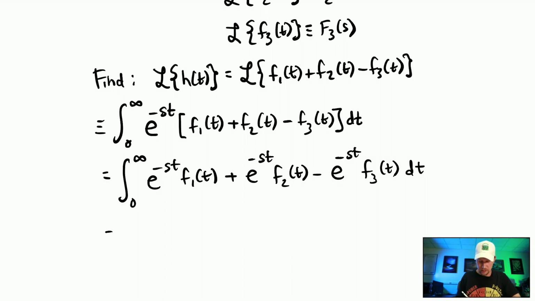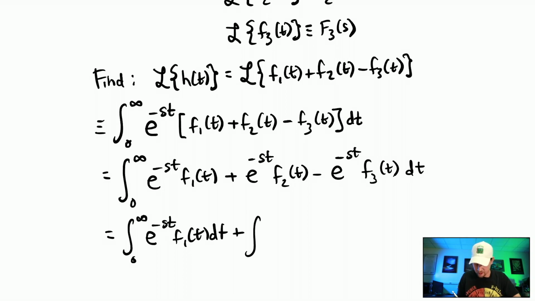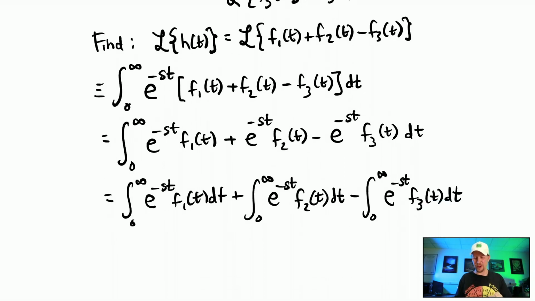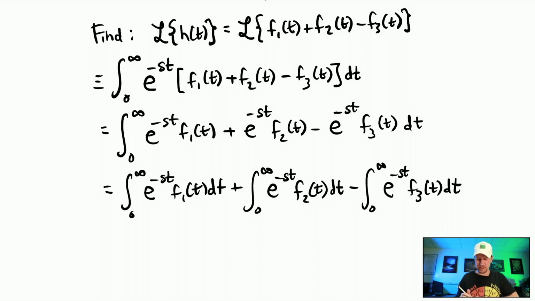So this right here is the same thing as the integral from 0 to infinity of e to the minus st f1 of t dt plus the integral from 0 to infinity of e to the minus st f2 of t dt, and then minus the integral from 0 to infinity of e to the minus st f3 of t dt, like this. And we recognize each one of those separate terms as the actual Laplace transforms of each one of the functions individually.